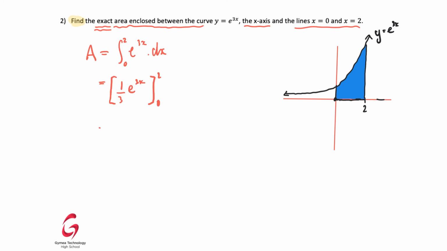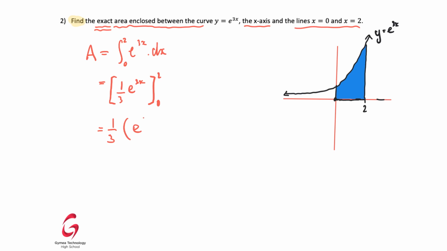Okay, so now we just got to go and substitute, but there's one little trick to do before you go and substitute in this case. That 1/3 is a constant really sitting at the front. It's going to be applying to both substitutions, the 2 and the 0. So I'm going to advise we take that common factor out the front first, especially when we're leaving our answer in the exact form. And then we go and perform our substitutions for the rest of it.